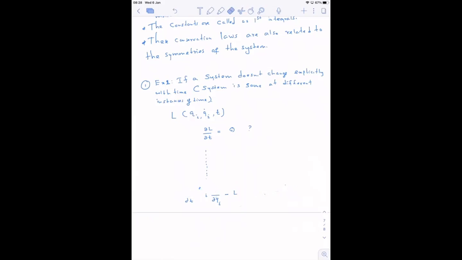Starting from here, show that this expression, that is, q_i dot times partial L over partial q_i dot minus L, is equal to a constant which we called E. So this is a constant, right?